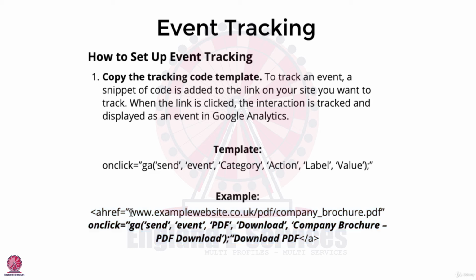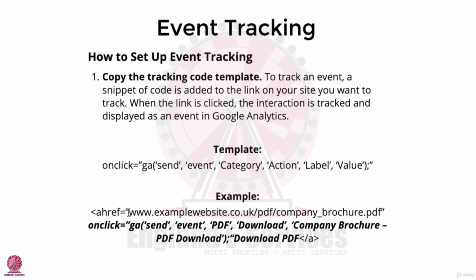We have a link to download a PDF. Now you might be thinking, can't we track downloads of PDFs by going to a thank you page? Yes, we can normally, but in this example they just click on a link and download the PDF straight to their computer. We don't send them to a thank you page where they can download it. So in this scenario, that's why we would be using event tracking.